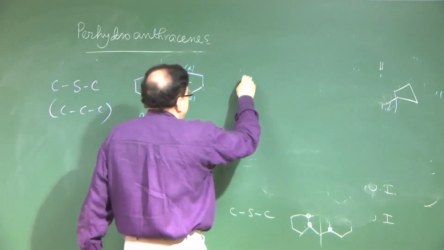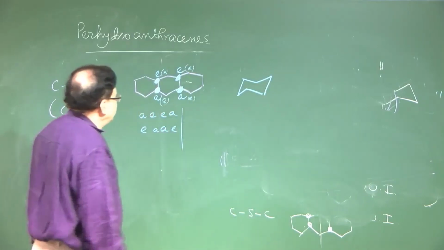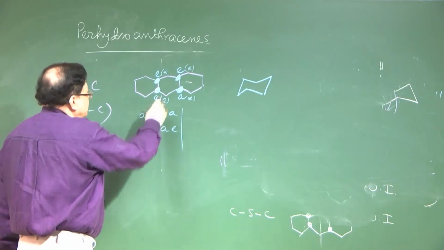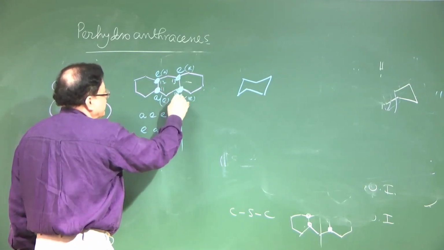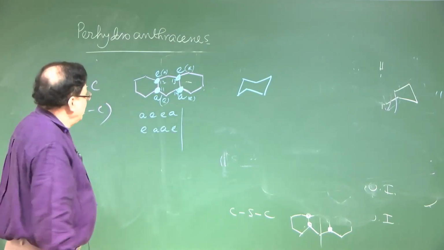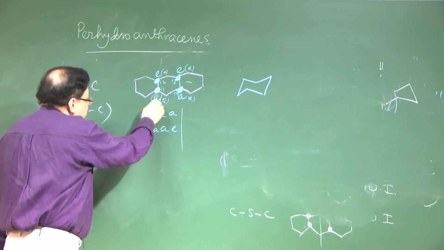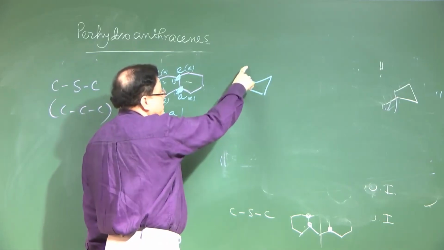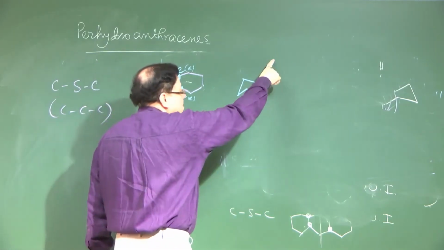So, let us draw the conformation. First draw the B ring and then appropriately put the hydrogens. Okay. Suppose this is your 11, this is 12, this is 13 and this is 14. So, 11 hydrogen is beta, okay. So, you have to make it beta, as well as if you start by putting axial, then your 11 hydrogen should be here, because that puts a hydrogen at the beta, or it could be here, that is also possible.